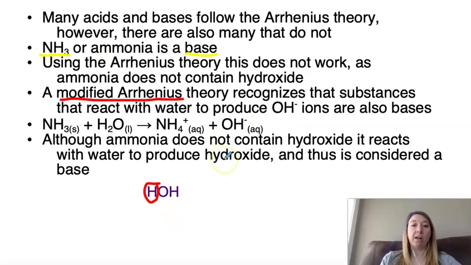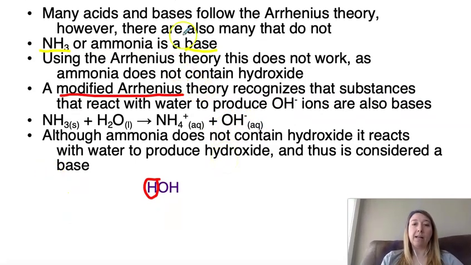and that hydroxide ion. How it does that, if you think back to when we did bonding: remember ammonia, if we drew out that Lewis dot diagram, it looked kind of like this with those H's. What happens is we have that lone pair up on top of that nitrogen.